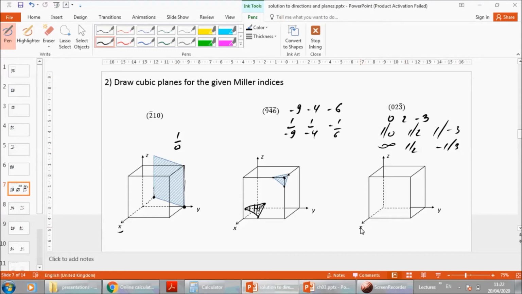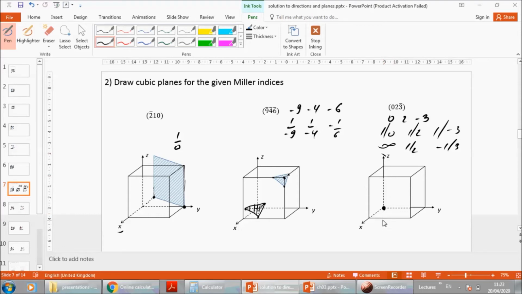So this time, this plane should not intersect the x-axis, and z is negative. I will choose this point as the origin, but this time I will change the axis system. I will say that this is the negative z-axis.